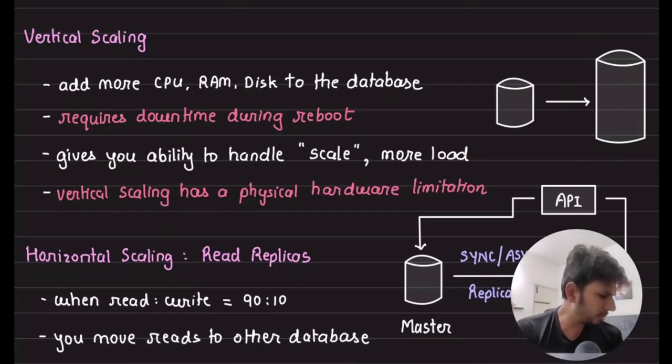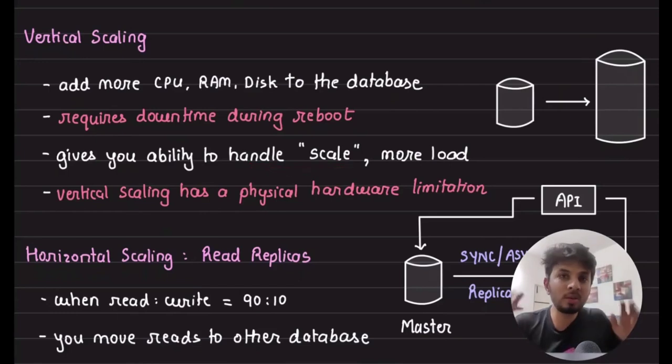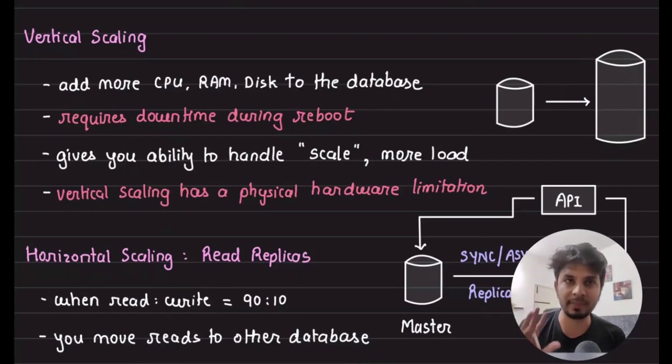But it does give you the ability to handle, quote unquote, scale or more load that you are receiving, right? In most cases, it is just 2 or 3 clicks away and you would be able to vertically scale your database.